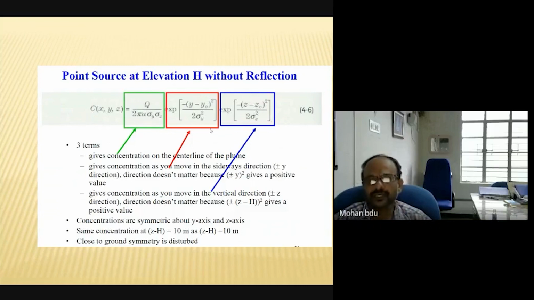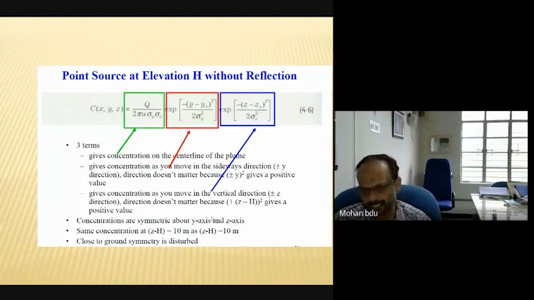So this sigma y and sigma z, the coefficients, are actually arrived at based on the diffusion parameters, which are available in all the air pollution textbooks.